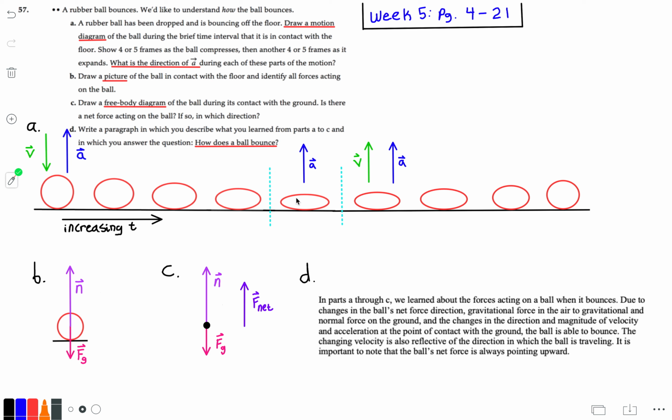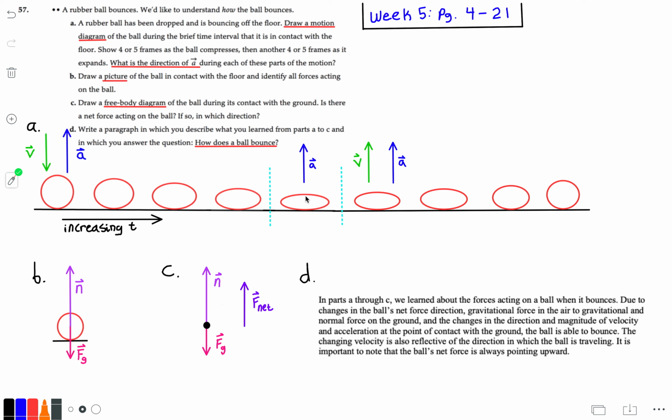When our velocity equals 0 is kind of our turnaround point, if you will, where the ball starts to expand and go upwards. Since our velocity is decreasing as it gets to this turnaround point, that means we must have a force acting on the velocity to slow it down, which is indeed our positive acceleration vector right here. So here we have the ball compressing.